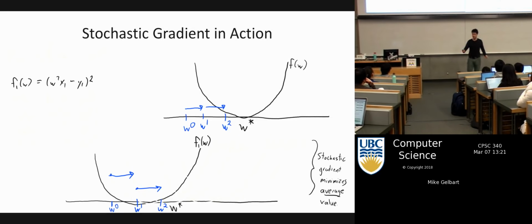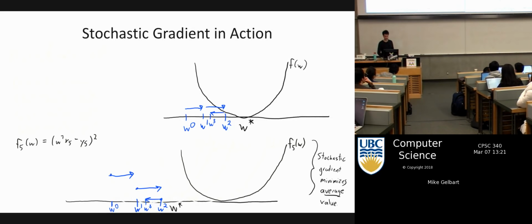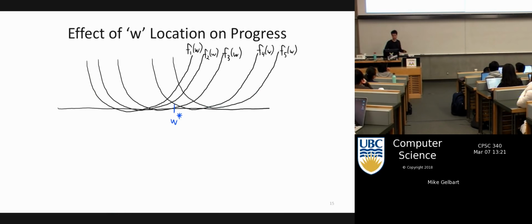If I take the derivative only looking at example 1, it wants to end up over here. So this is going to send me in the wrong direction. This is a way of thinking about how you might end up going in the wrong direction. If I had looked at all the examples, as in regular gradient descent, it would say keep going right. But because this one training example has its own loss, we end up going left. And then this repeats a bunch of times. And we hopefully eventually make progress.